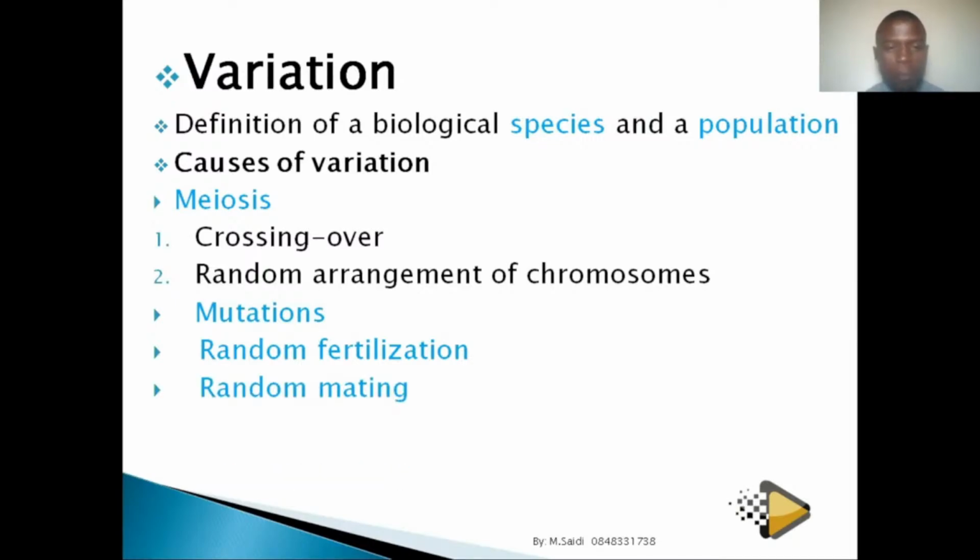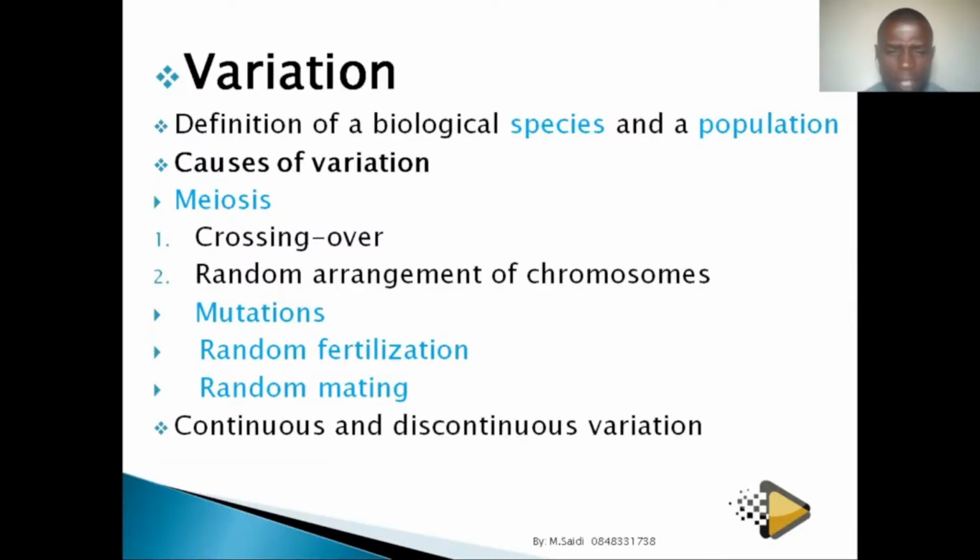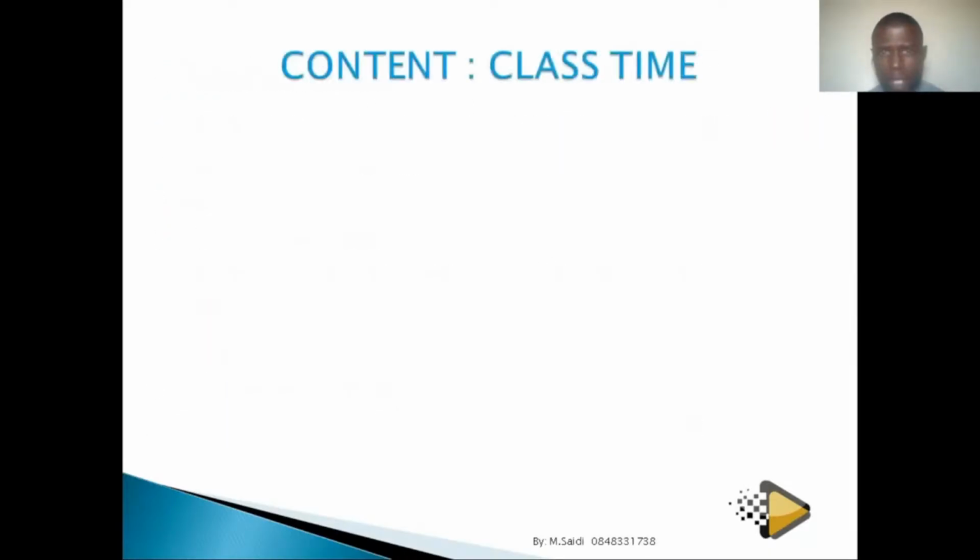Then you are going to look at random mating, the way you mate. When we talk about mating, we will see it in detail, but mating is a scientific term which means sex or reproducing. And then we are going to look at the different types of variation, that is continuous and discontinuous variation. So basically, that's what we are going to look at today.